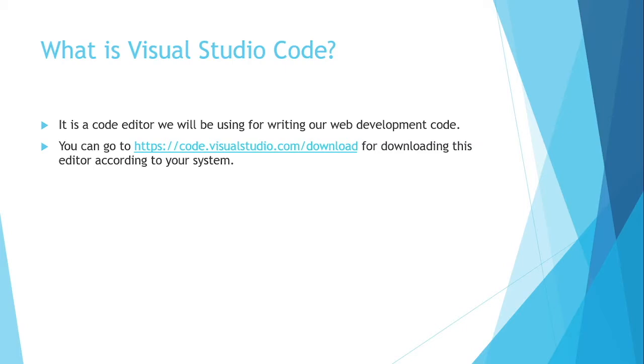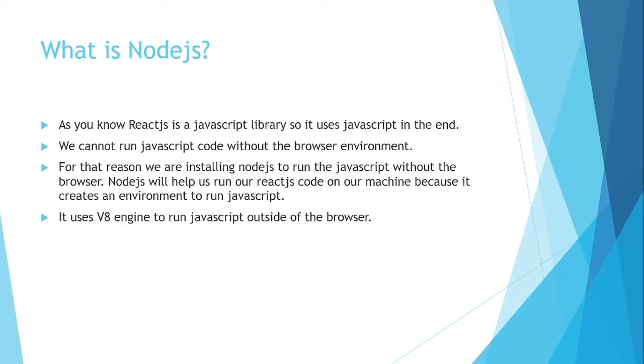So let's understand what is Node.js. Node.js is a JavaScript running environment, or you can say it runs JavaScript on your local machine. For example, if you want to run JavaScript outside of your browser, then you will be using this Node.js environment. So why are we using it? Actually, React.js is a JavaScript library similar to other libraries, for example Vue.js and AngularJS.